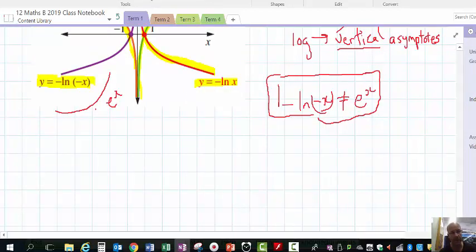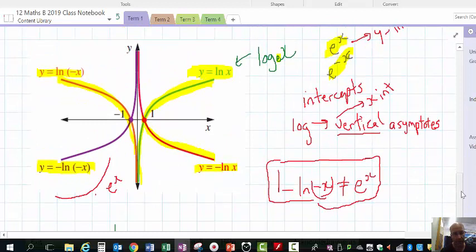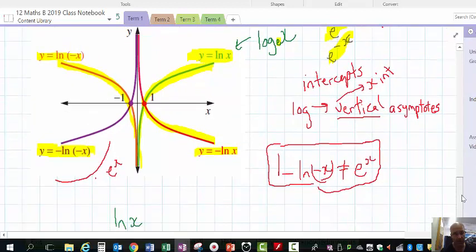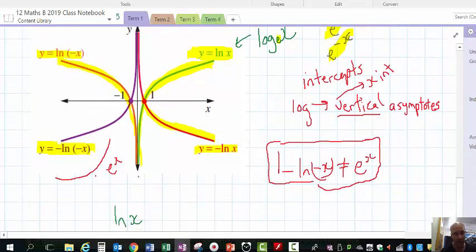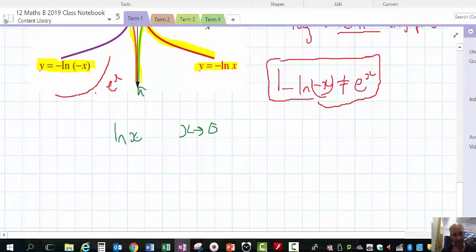Now, in regards to the vertical asymptote, why does something like log of x, which is the green function plotted above, have an asymptote at the y-axis? Why, as we approach x equal to 0, does that start to produce that asymptotic effect? Well, the answer lies in log of 0.